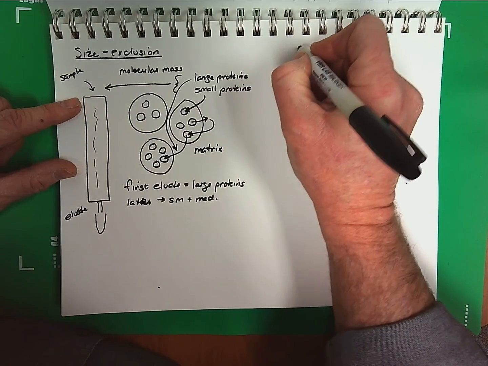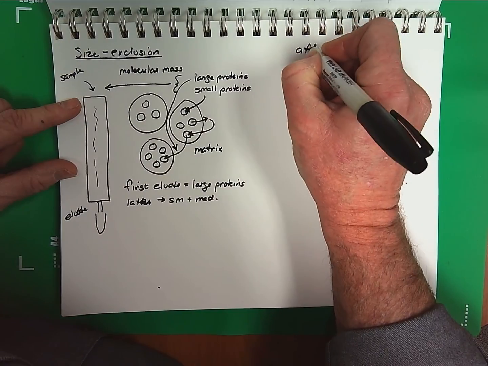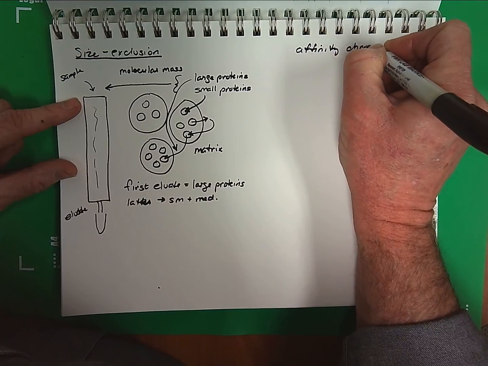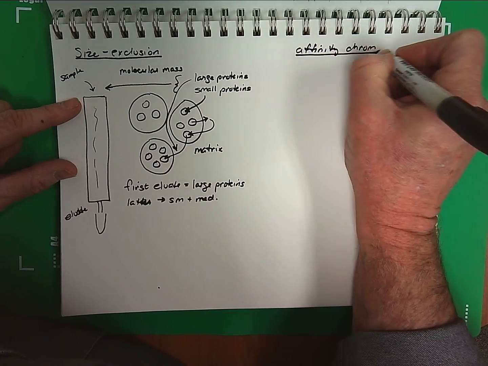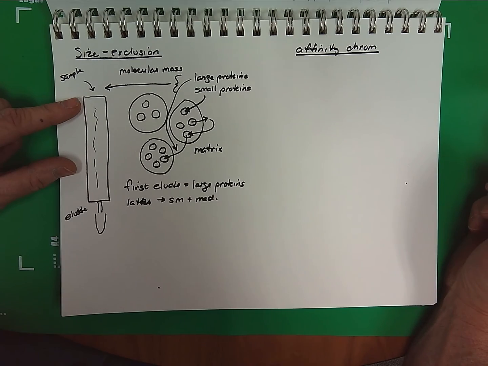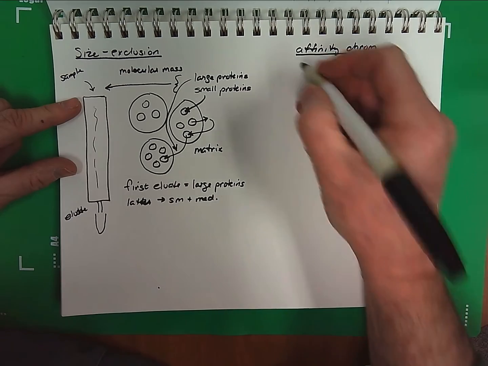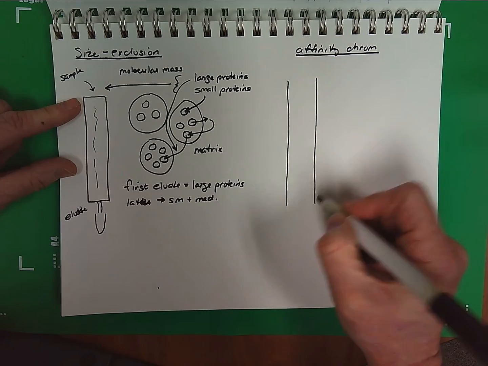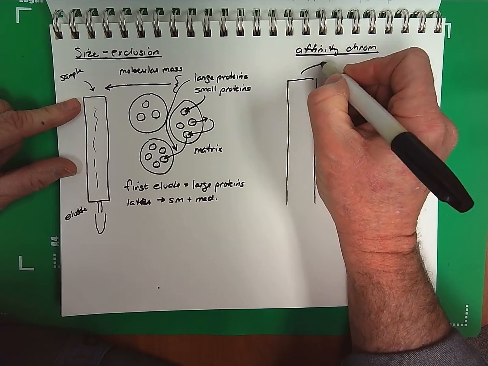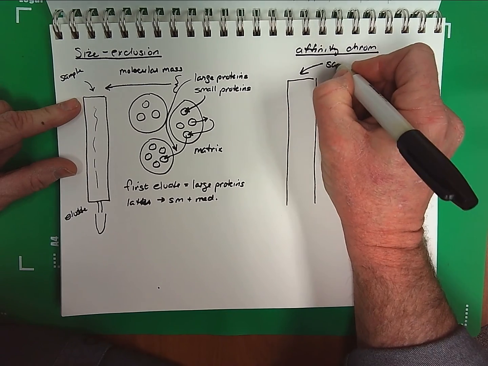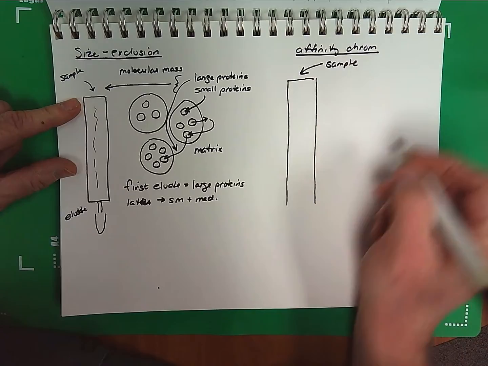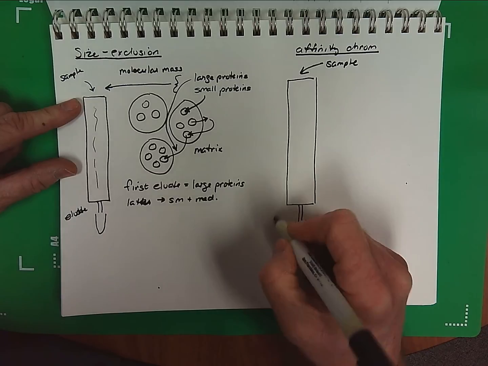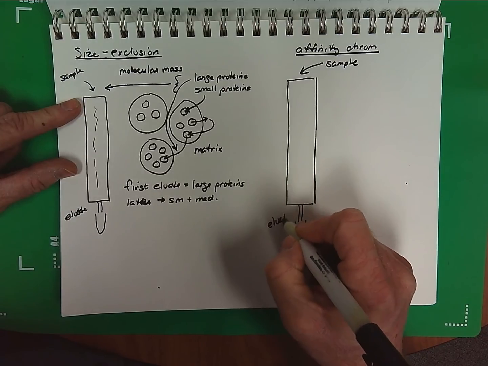The last type of chromatography is called affinity chromatography. Once again, like the other types of chromatography, we are going to have a column with sample entering the top of the column and eluate being collected at the bottom.